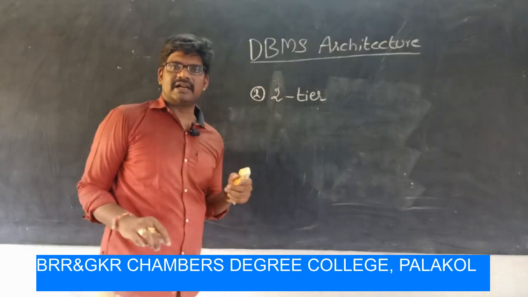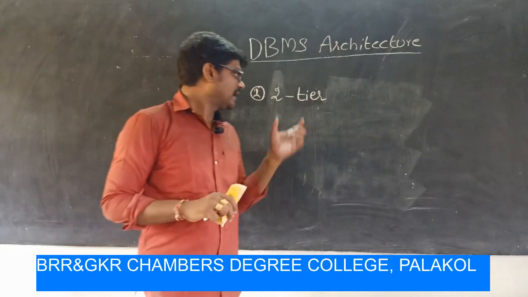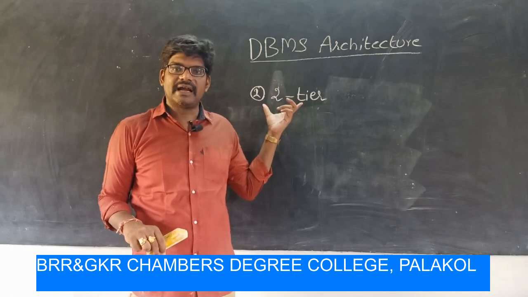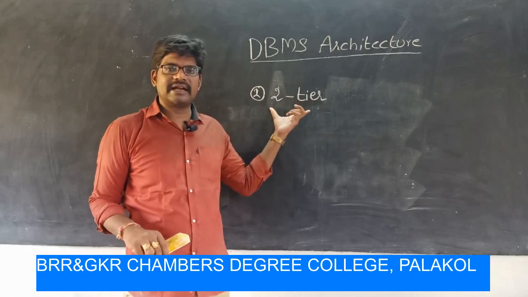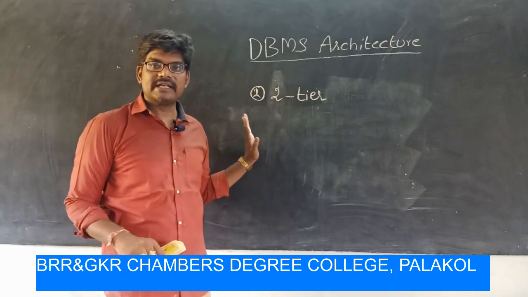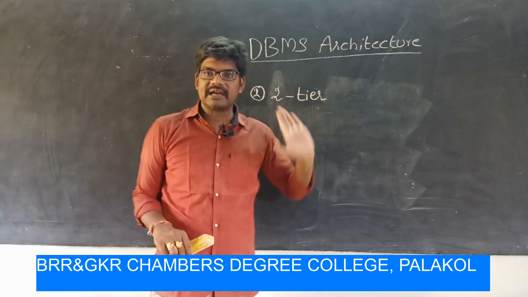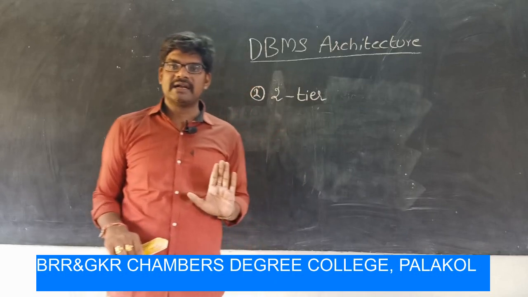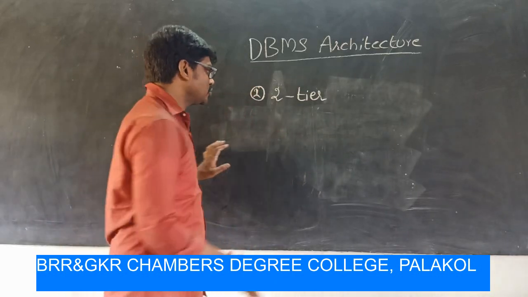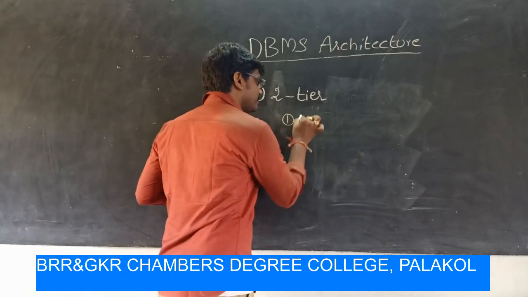The next one is a two tier architecture. A two tier architecture contains two different levels. One is the presentation layer and another one is the data stored on the server.